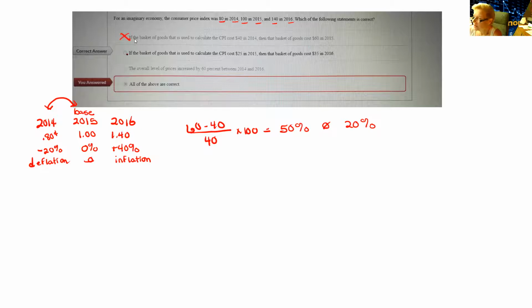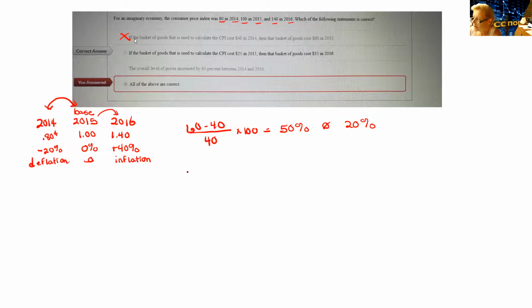The second one says, if the basket of goods that is used to calculate the CPI cost $25 in 2015, then that basket cost $35 in 2016. Now we're going to look at 2015 and 2016, and we need to see a 40% increase.